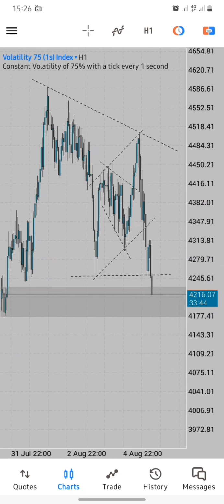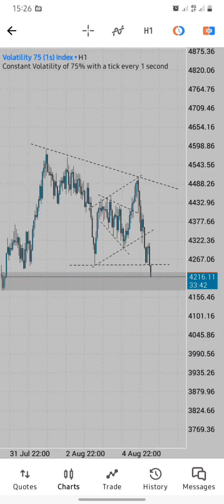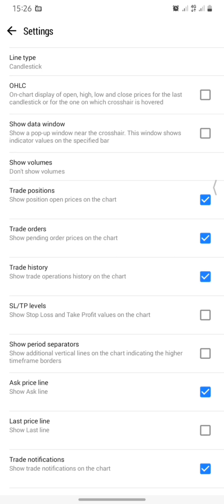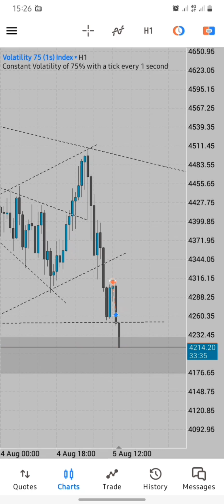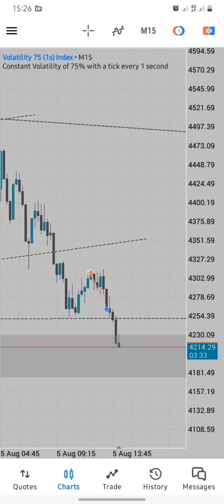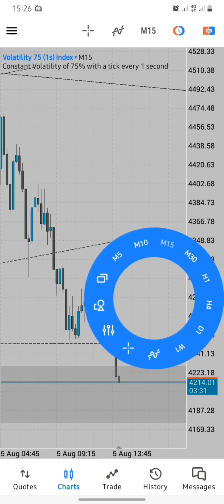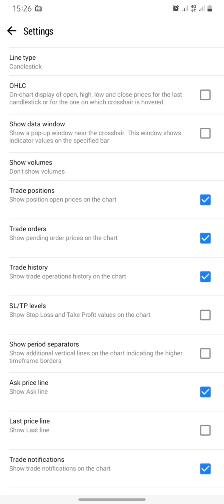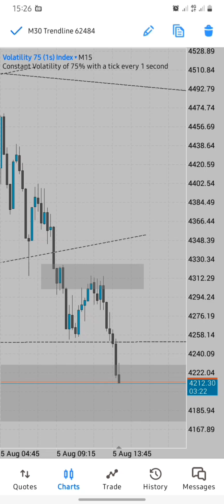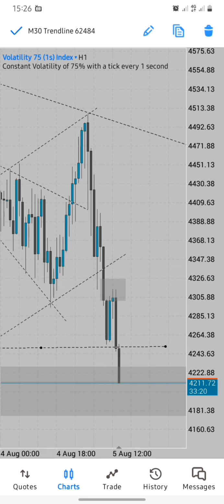And as I said, finally it got to our demand zone. If you look at the 15 minutes time frame here, we can see this base drop. So this is another reason why the price went downwards. Our base drop.